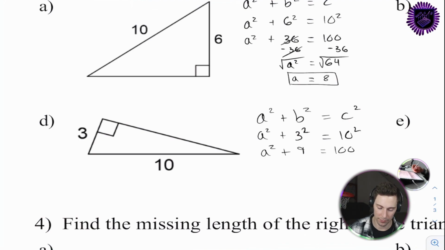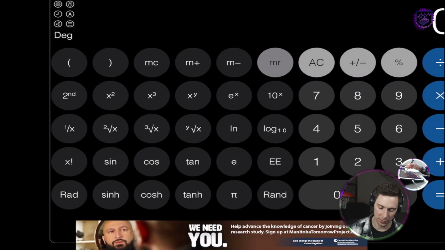Whoa. So we can subtract 9 from both sides, minus 9. And we can say a number to the power of 2, number squared, is equal to 91. And we'll do that on our calculators.